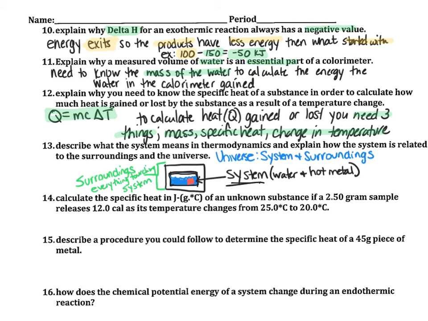Now the surroundings is going to be the container here that is holding that water and hot metal, as well as anything that has outside contact with it out here. Okay, and then finally we have the universe is going to be the two pieces both together. Anything around and outside and touching the system, and anything extending out from there.